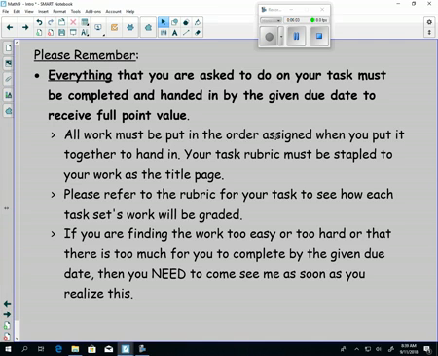Put your work in order and hand it in. If you look at it as assignment 1, assignment 2, assignment 3, you should be able to keep it in roughly good order. If you're missing a lot of work or you're finding it too hard, make sure you come and see me so that we can see if we can modify it or give you extra help.